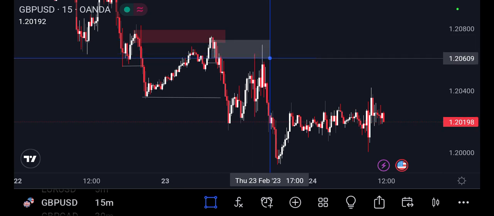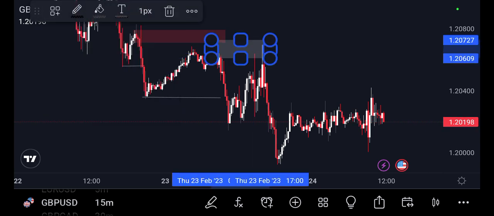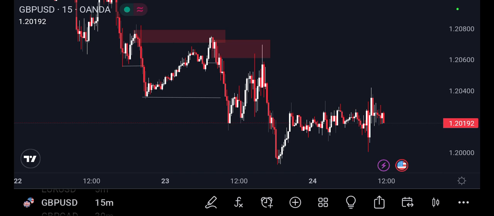And the zone is here. Let's mark it as a supply zone. So let's check the confirmation we would have gotten.